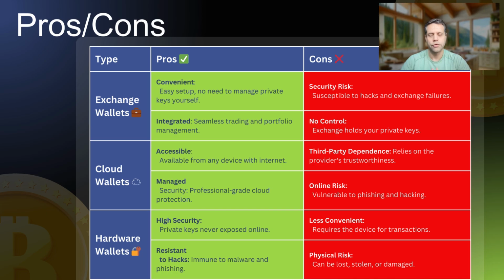All right, and then the last one is the hardware wallet. Obviously, the highest security: private keys usually aren't exposed online, but they can be, right? Because when you are executing transactions, you're using a wallet application, and the wallet application is usually an online app. It needs to be online to interact with the blockchain.